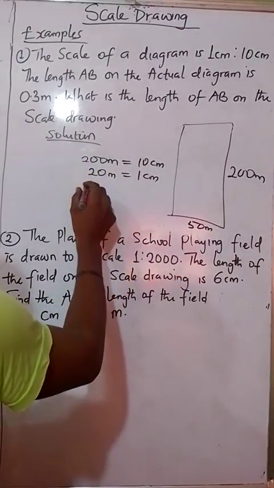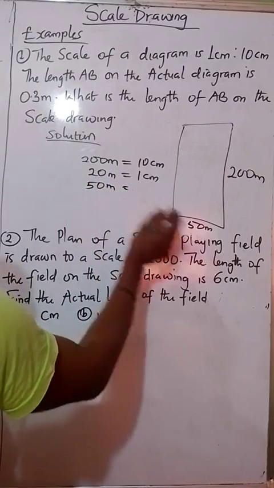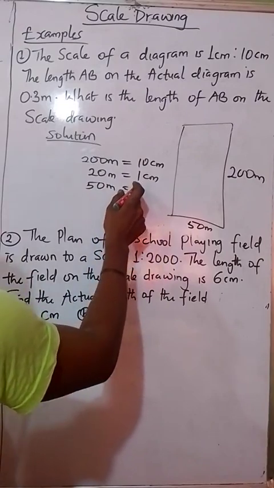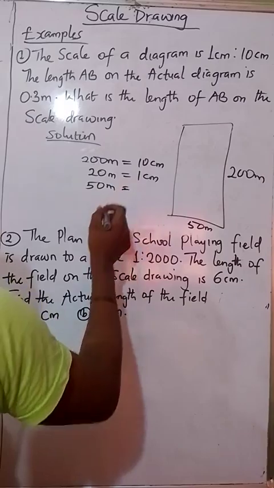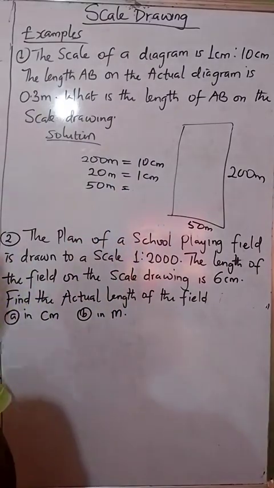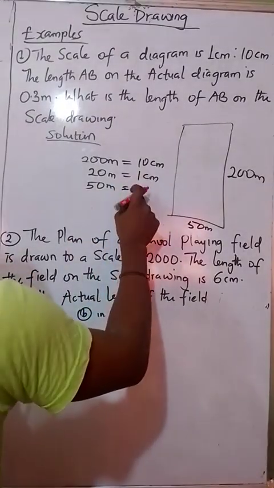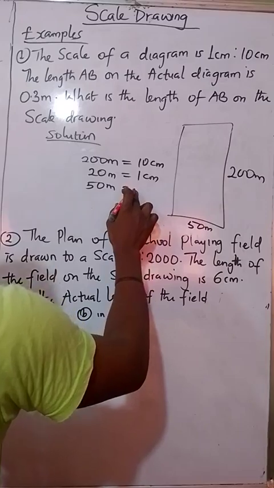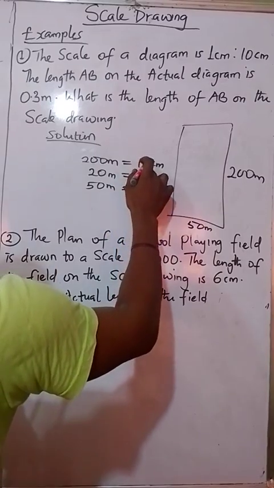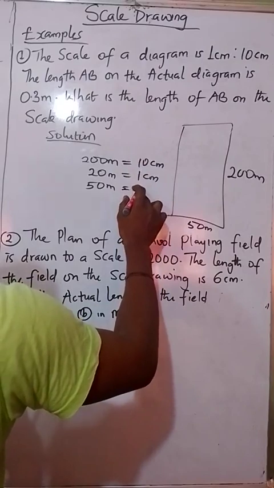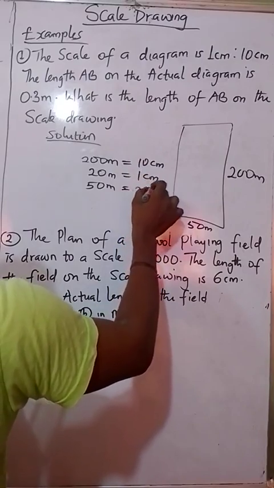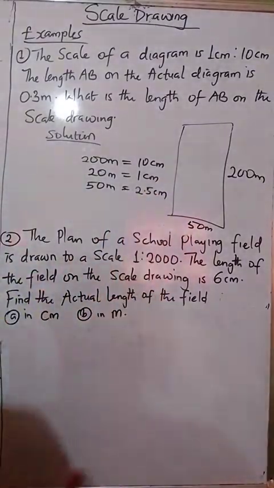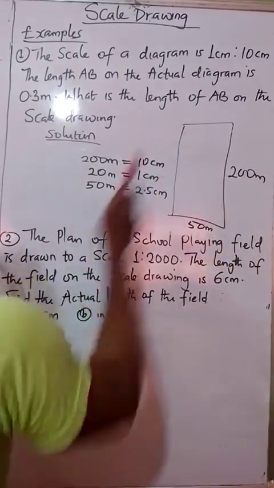Then 50 meters will give me what? That's 50 divided by 20, which is 2.5 centimeters.